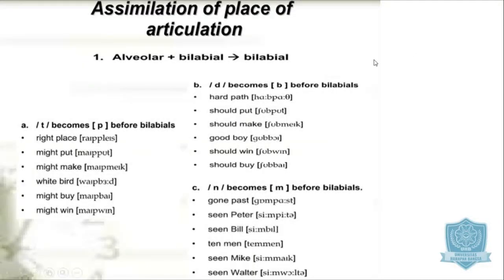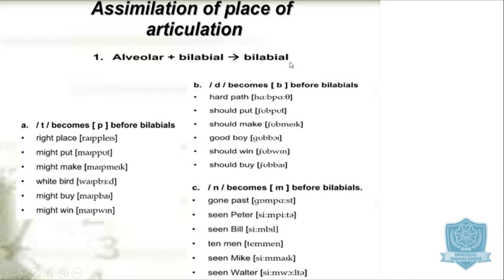Here are some rules when you are going to make assimilation of place of articulation. When an alveolar consonant like T, D, N meets a bilabial like P, B, M, the assimilation should be bilabial.